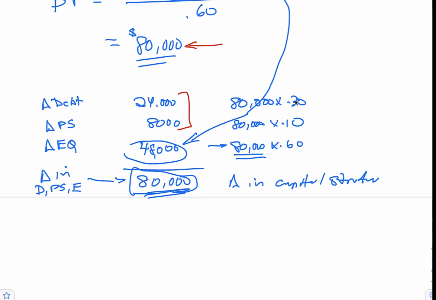And debt increases, preferred stock increases costlessly. It happens behind the scenes. But if the firm wants to maintain this target capital structure, 30, 10, 60, and this is growing just because of retained earnings, then these guys have to increase, but they're increasing behind the scenes. So that's, I think, an important concept for you to know in this analysis.